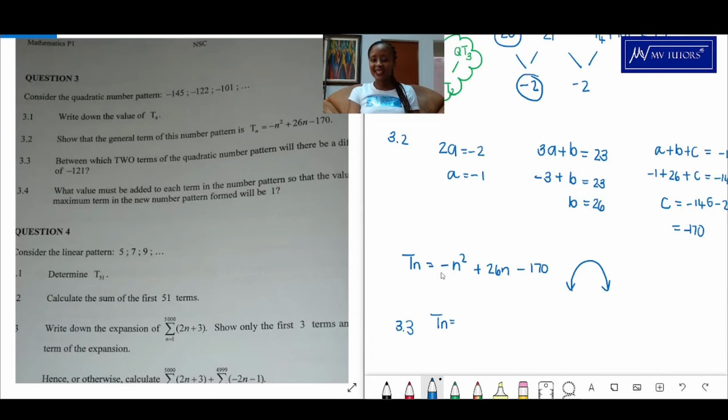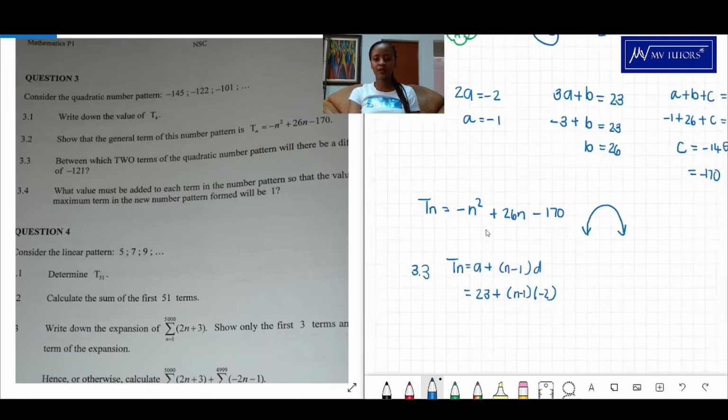Anyway, Tn is equal to a plus (n minus 1) d. I know a at this point, that is 23, and n minus 1, and my difference, we've already seen it on the second differences, it's actually -2.